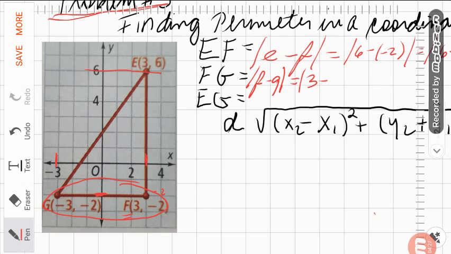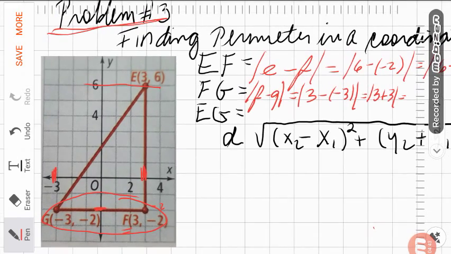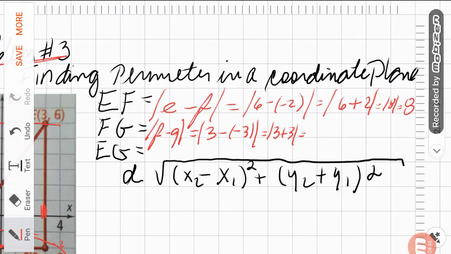On this side it would be 3, and on this side it will be -3. So we put it in a parenthesis just as we did before, in absolute value. This then will be the absolute value of 3 plus 3, which is 6, and the absolute value of 6 will then be 6. So we have now both of these values.